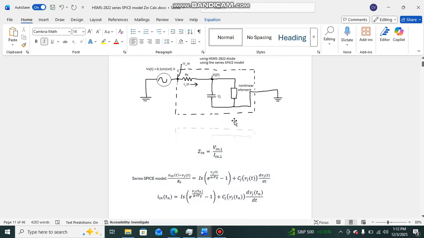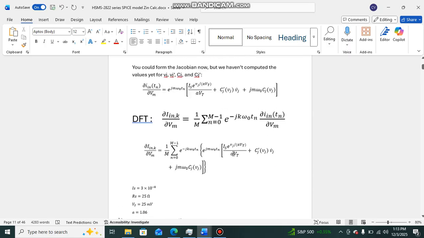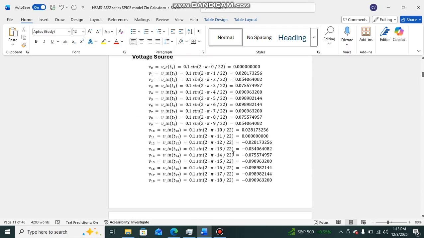So we can say that the junction voltage is just the impedance of the capacitor divided by the resistor plus the impedance of the capacitor, multiplied by our input voltage harmonics. And you can see down here, that's what I did.